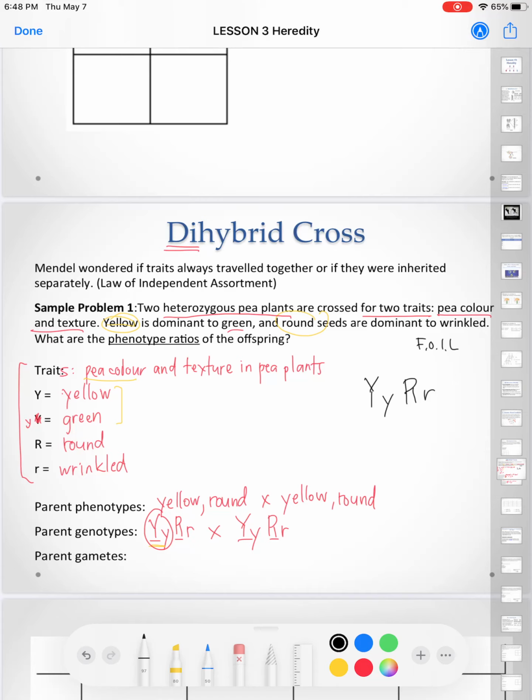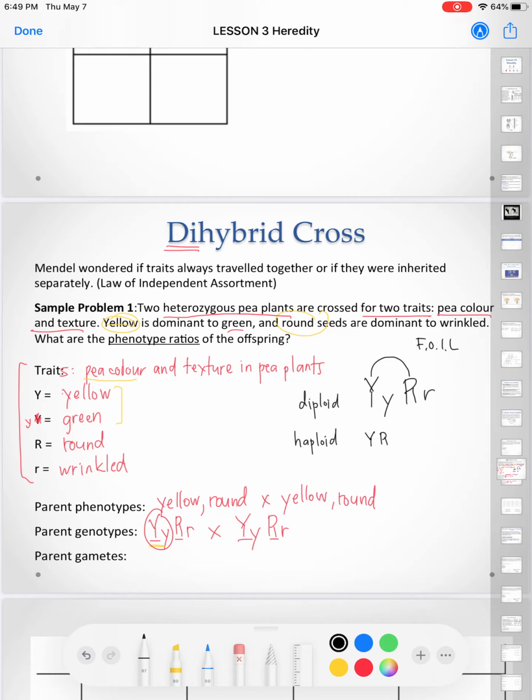So I'm going to do the first one for both. One capital Y, one dominant, and one dominant R. So these are haploid because they don't have 2 Y's and 2 R's. They only have 1 of each. So the parent would be diploid and the gamete would be haploid.